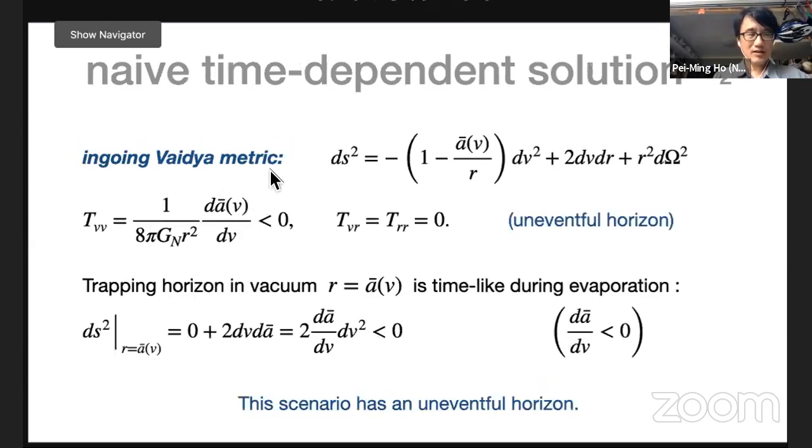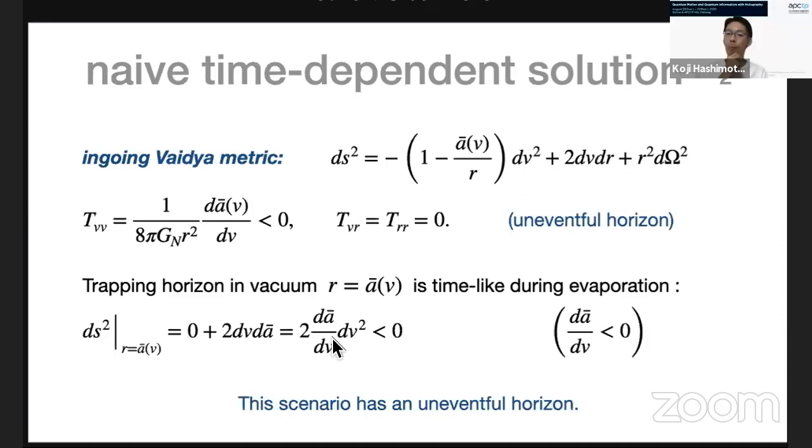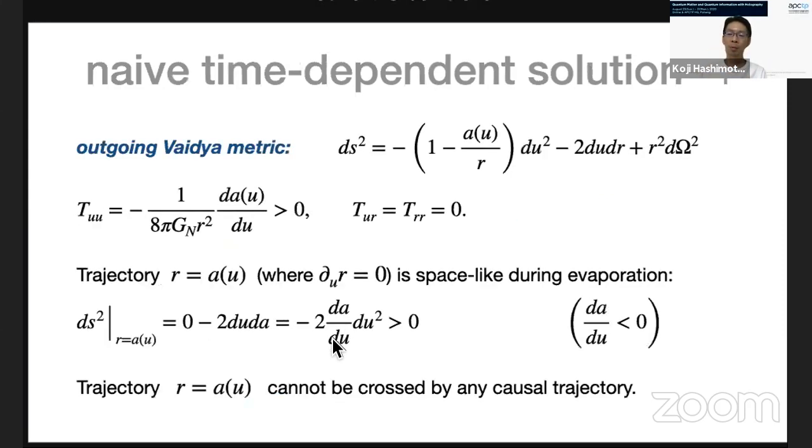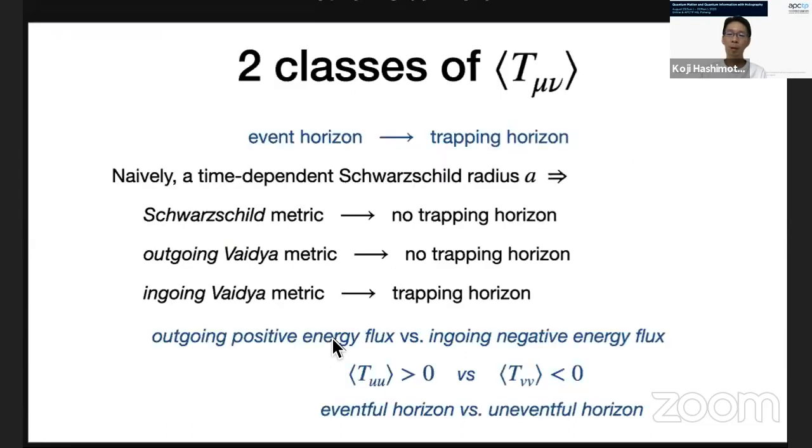So you need the ingoing Vaidya metric in terms of V and R, allowing A to change with decreasing, so you have a negative T_VV. Then the trapping horizon is time-like, and then it's easy for collapsing matter to enter the trapping horizon, for the trapping horizon to emerge. So these two choices correspond to what you described for the Unruh vacuum.